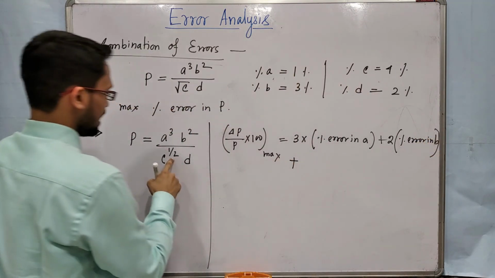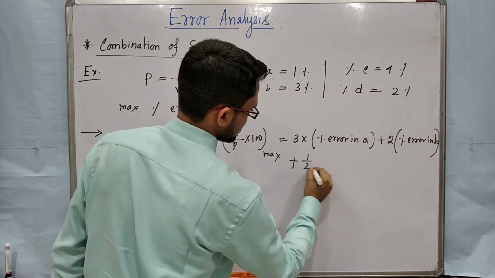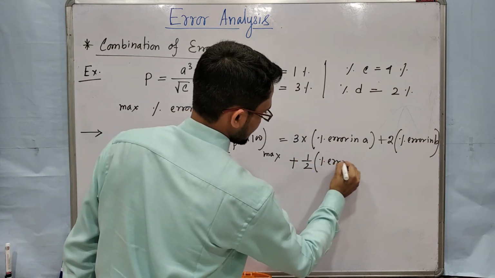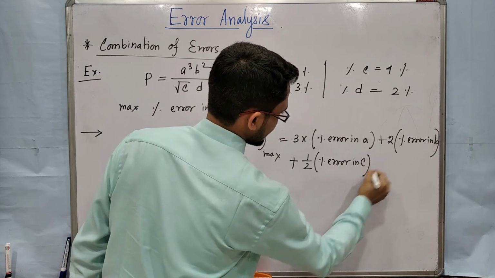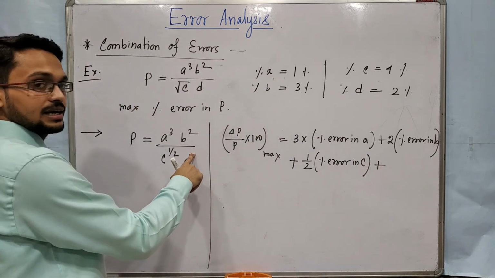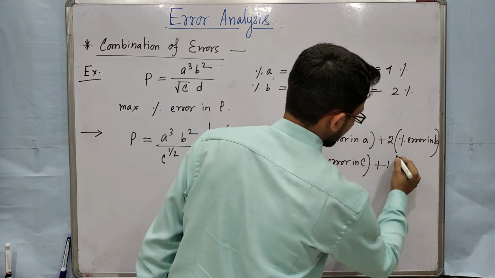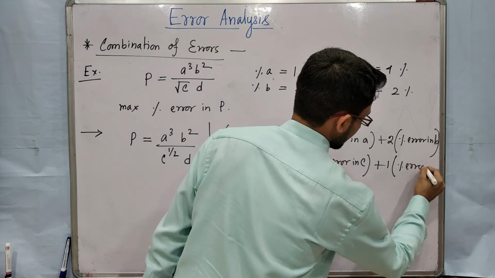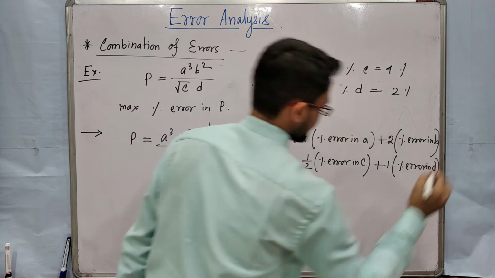Then half into percentage error in C, and plus 1 into percentage error in D, since the power of D is 1.